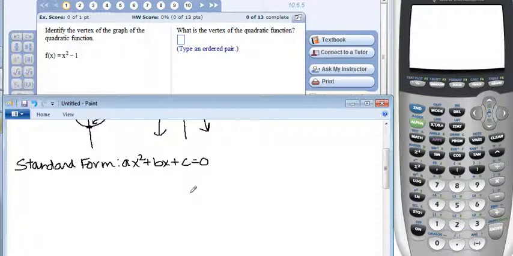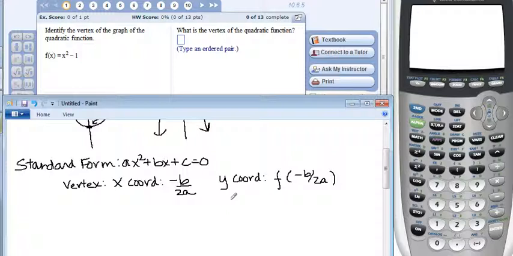In order to find the vertex when it's in this form, you have to find the x-coordinate first, and that is minus b over 2a. And the y-coordinate is f of minus b over 2a.